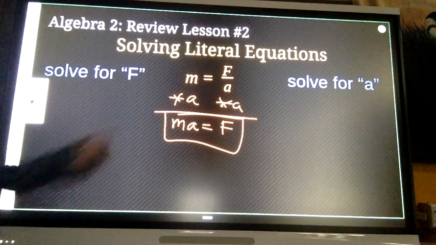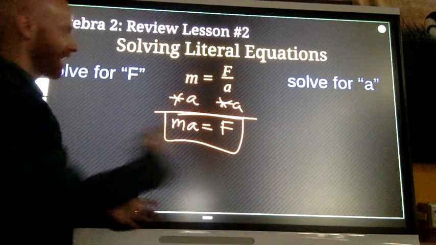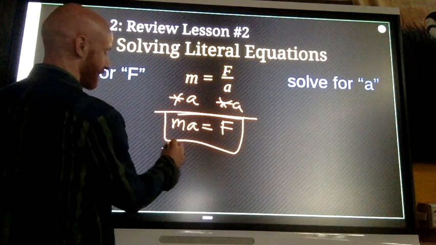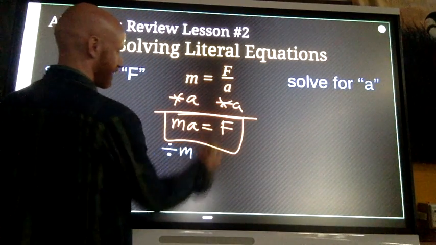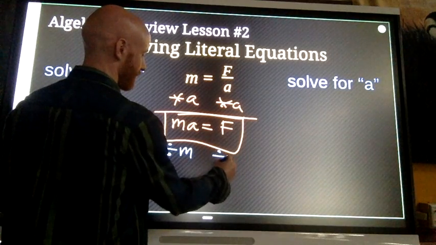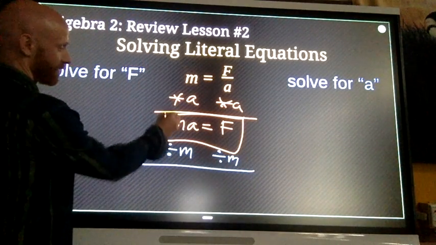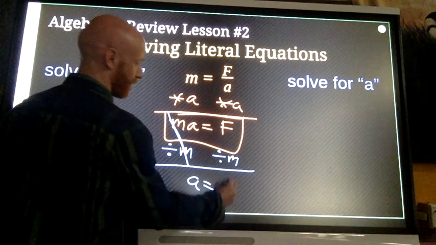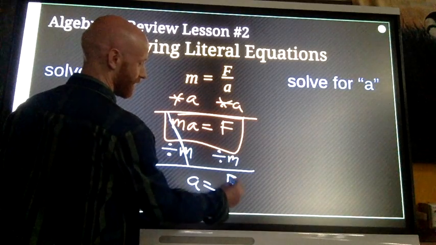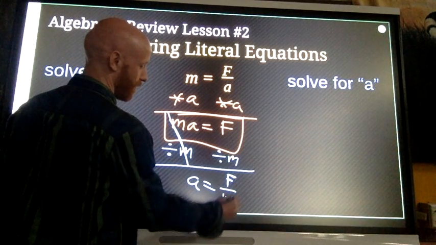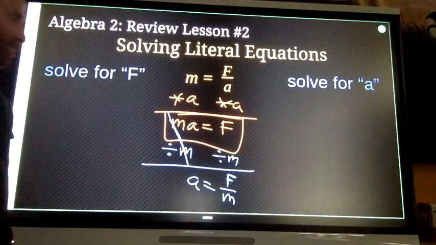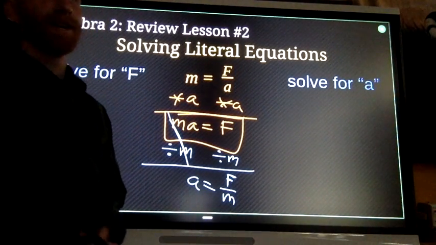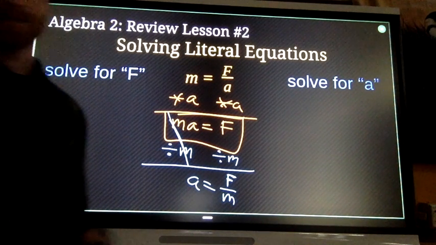If instead I had wanted to solve for A, I could just go one step farther, divide both sides by m. Times m, divide by m, cancel out. A equals force over mass. All right, so that's rearranging formulas, also called solving literal equations.